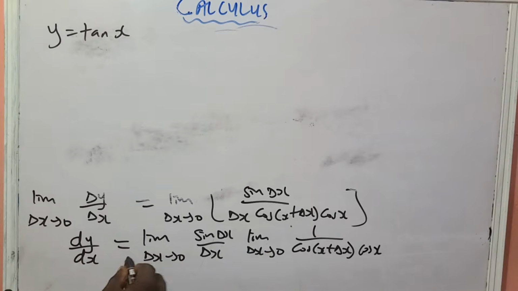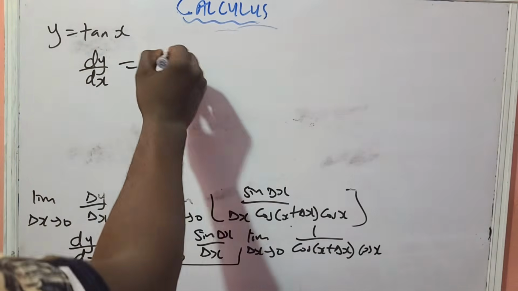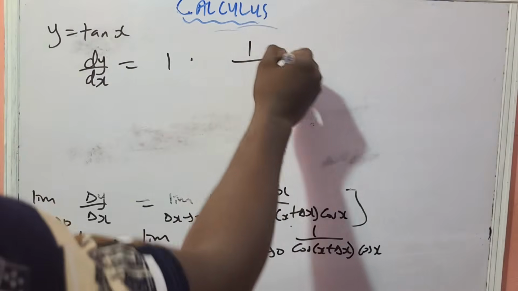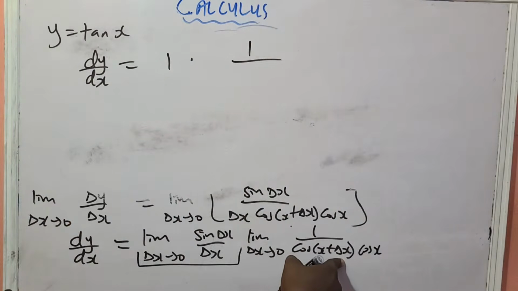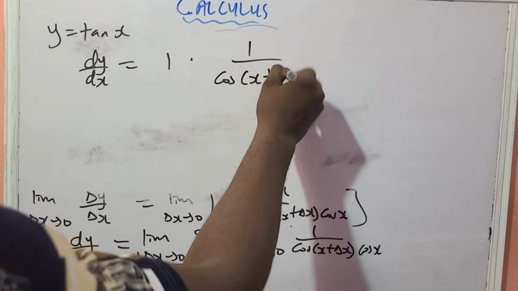So of course, you know what happens here. All these will turn to 1. So we have dy/dx equals 1 times, now change in x is tending to 0, which means wherever you see change in x, you put 0. That will be 1 over cos x plus 0 times cos x.